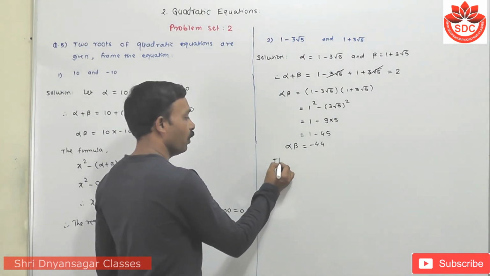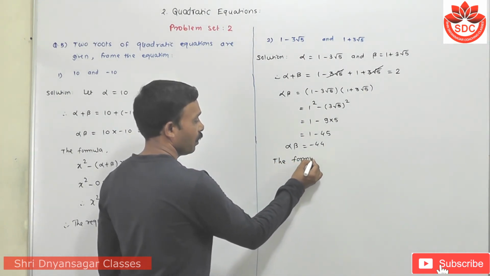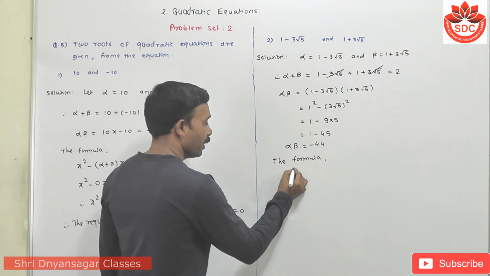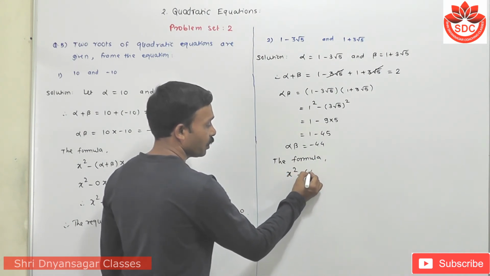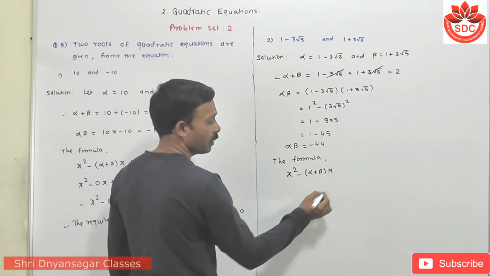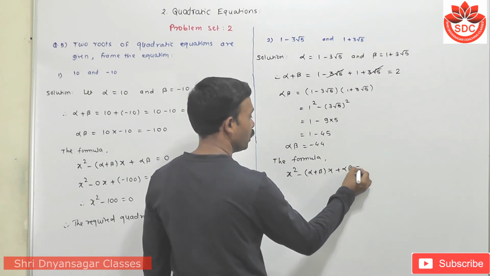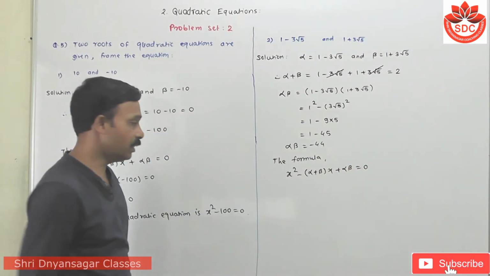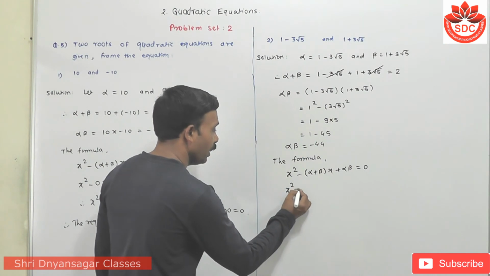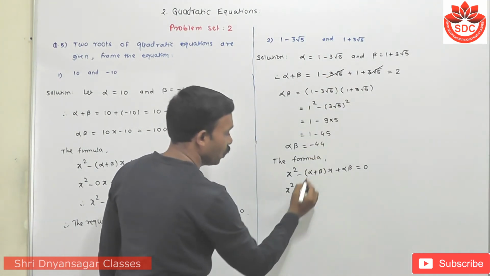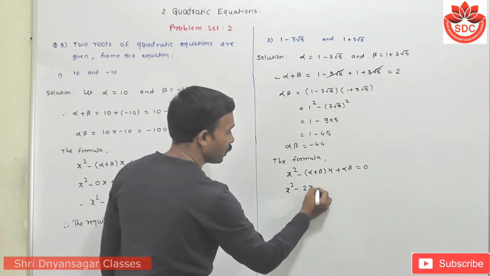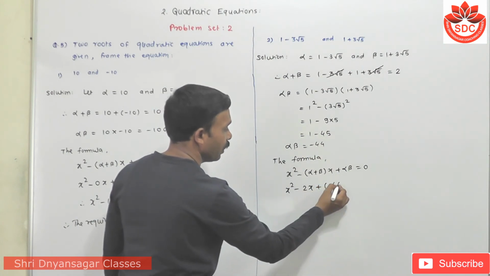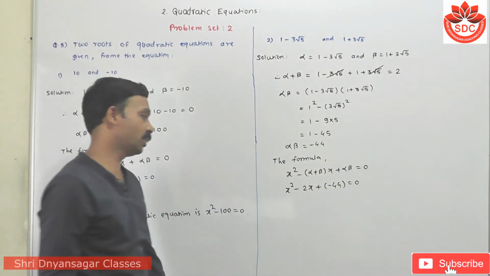Then the required formula is x square minus (sum of the roots) into x plus product of the roots is equal to 0. Then substitute the values: x square minus 2 into x plus minus 44 is equal to 0.